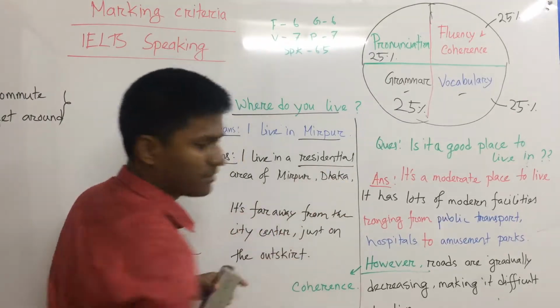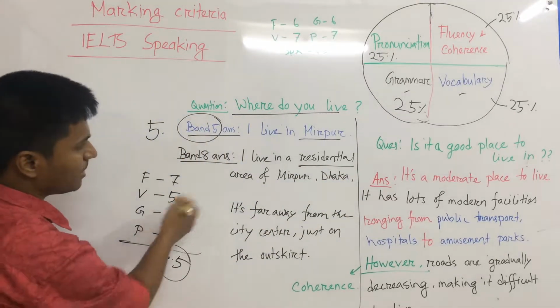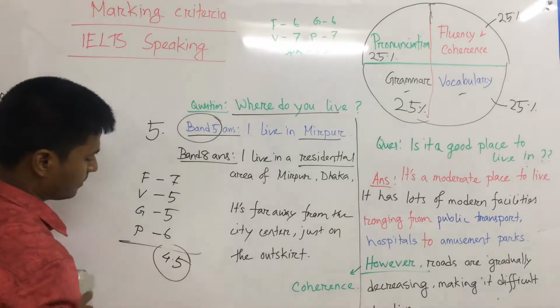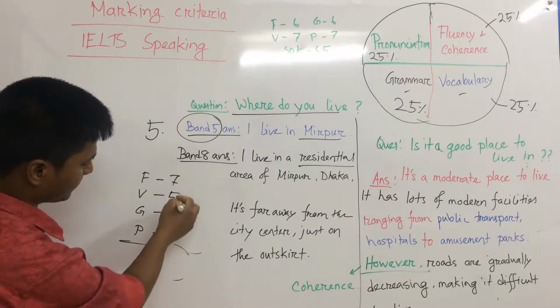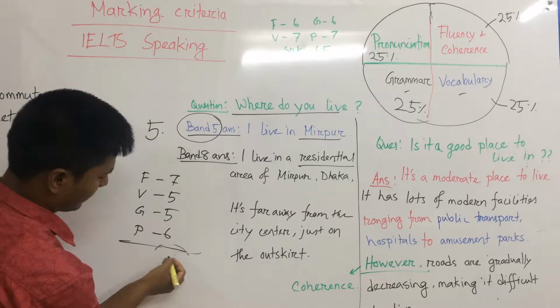Since you are using residential area, maybe you are getting 5 here. It's a long sentence, so grammar 5, pronunciation maybe 6, so you are getting maybe 10, 16, 22, 26, so it's around 6.